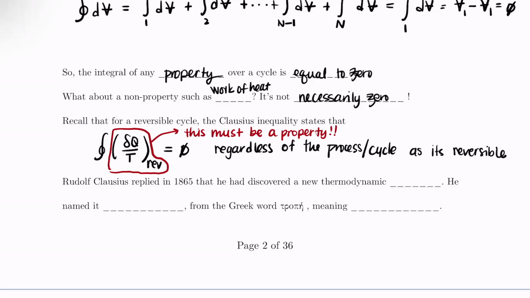So Clausius realized in 1865 that he had discovered a new thermodynamic property because of this. And he named it entropy, which originates from a Greek word, which I've typed out here, but I will not try to pronounce. But that word means transformation.